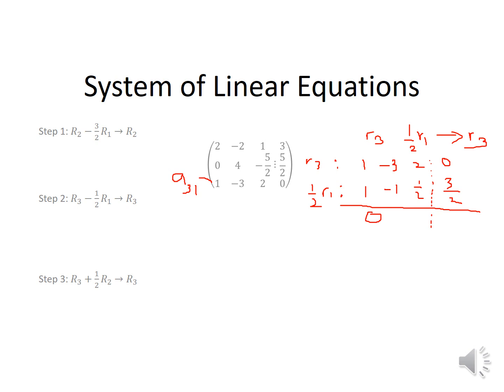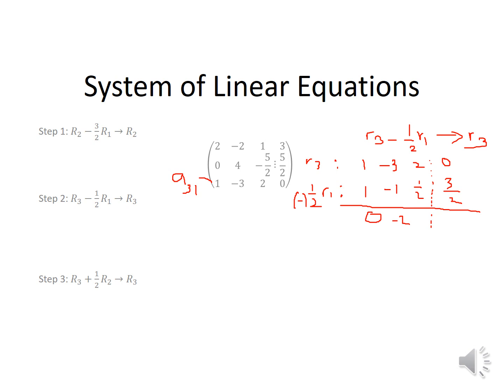So how to get a 0? There's only 1 minus 1. So we perform the minus operation. Negative 3 minus negative 1 is negative 2.